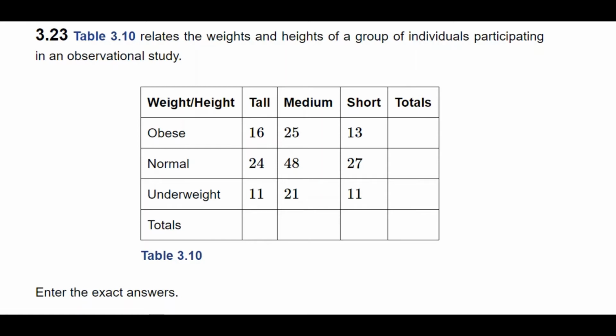And there is some information in the columns about the heights. So tall people have different weights, and then medium people have different weights, and short people have different weights. The totals have to be calculated, and then some more information has to be extracted from the intersections given in this contingency table.